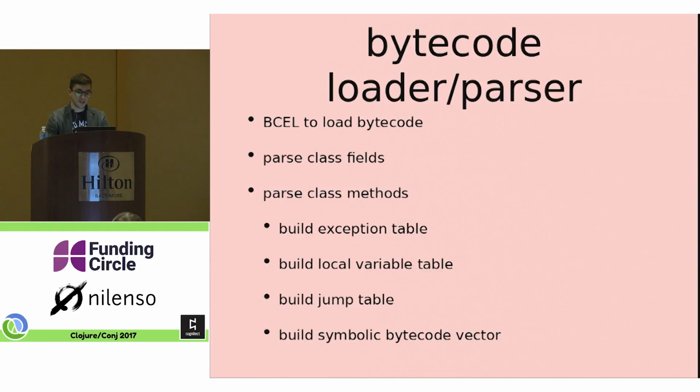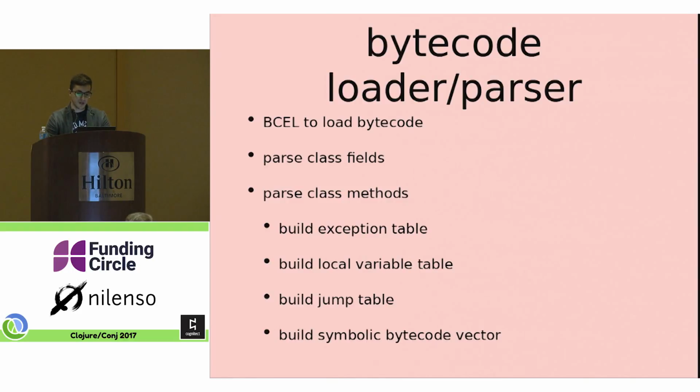And then we start parsing all the methods and building in memory all those debug tables that we're going to use. So we build the exception table, we build the local variable table, and we build this jump table, which is going to be a mapping from bytecode offset to positional elements in this bytecode vector, in this symbolic vector, which we're going to use to map jump instructions when we're going to decompile.